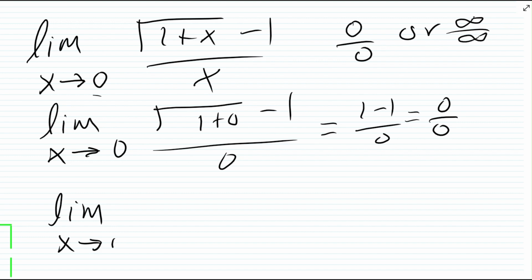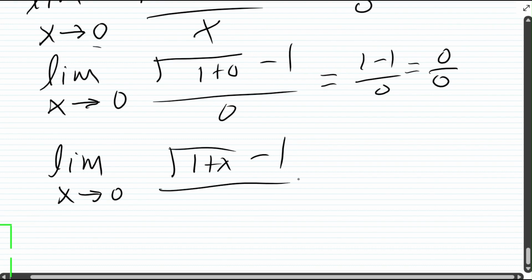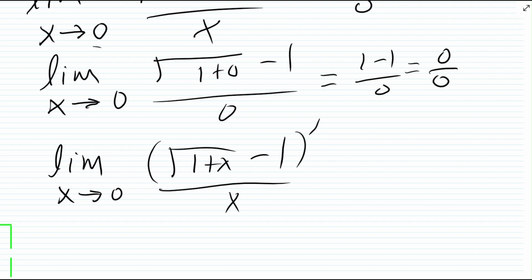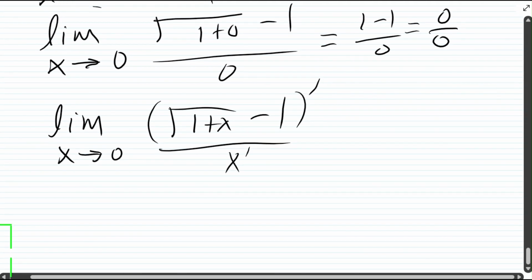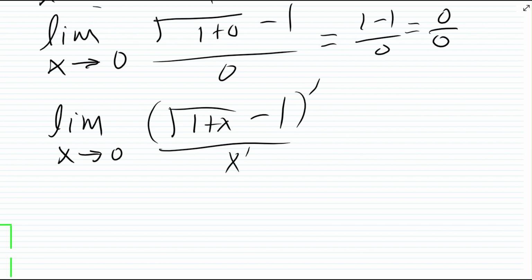So we can see the limit as x approaches 0 of square root of 1 plus x minus 1 over x. We are going to differentiate the numerator and the denominator separately, right? So note that we cannot use the quotient rule of differentiation whenever we want to use L'Hopital's rule to evaluate a limit.